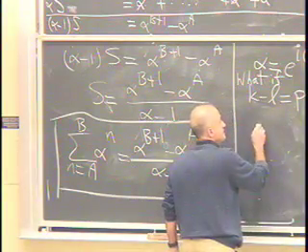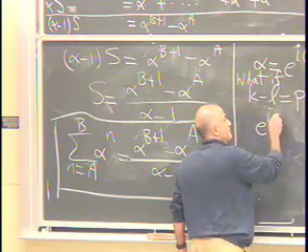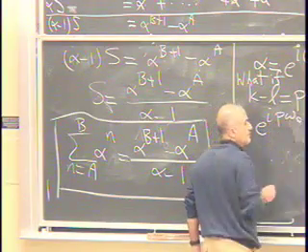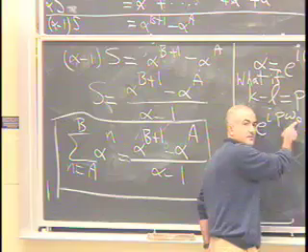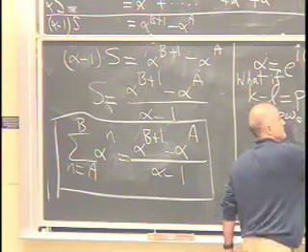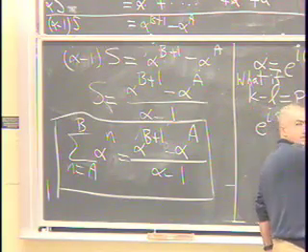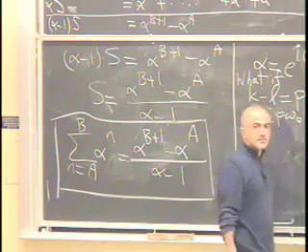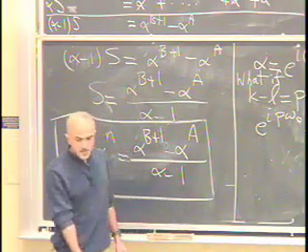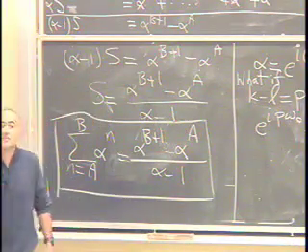Then you have e to the j p omega naught. And what do you know about p omega naught? It's 2 pi. And that's equal to what? 1. So what is it that guarantees that k minus L is not equal to P or some integer multiple of P?